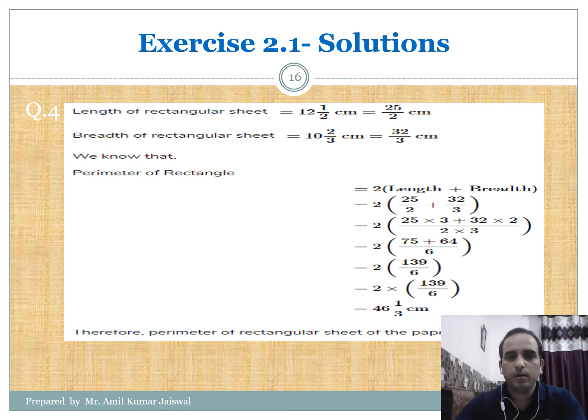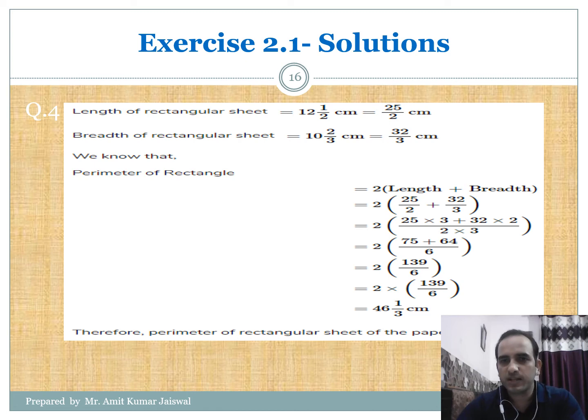Then you add them and it becomes the improper fraction 32 upon 3 centimeter. So for the perimeter of a rectangle, we know the formula is twice the length plus breadth, and we have added the length and breadth, which are improper fractions, and we have taken the LCM of 2 and 3, that means 6.